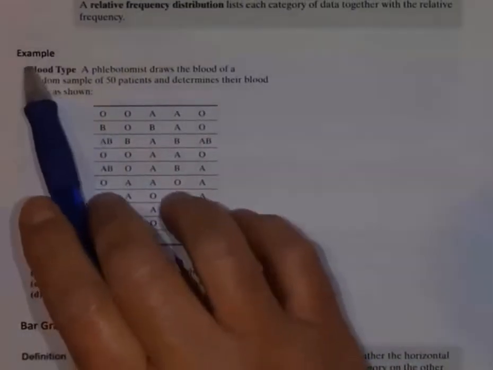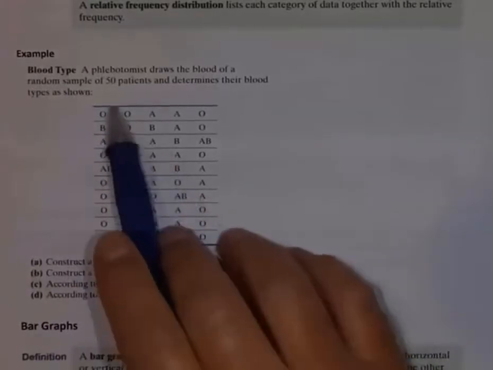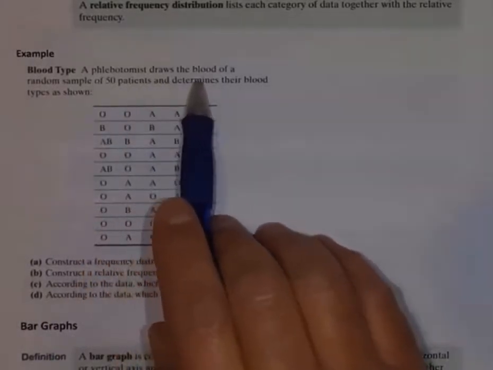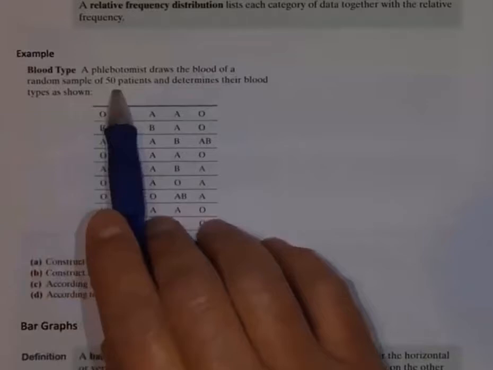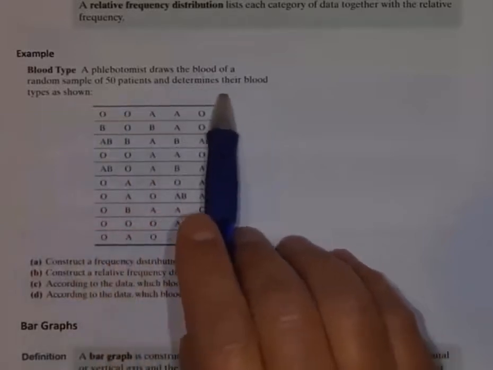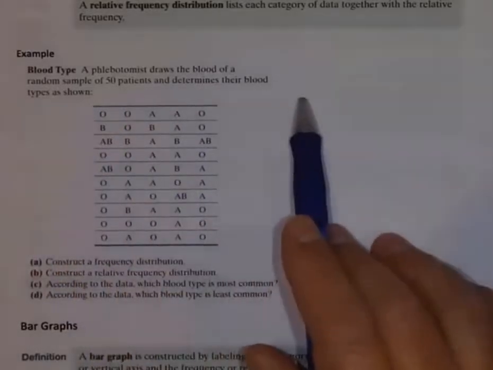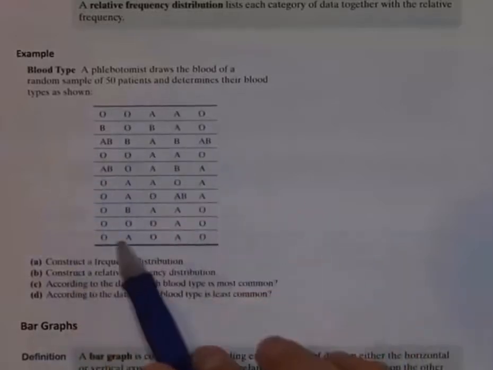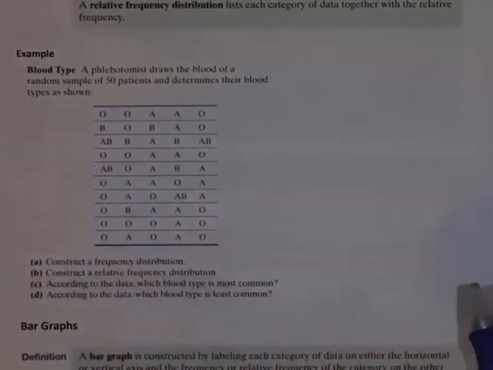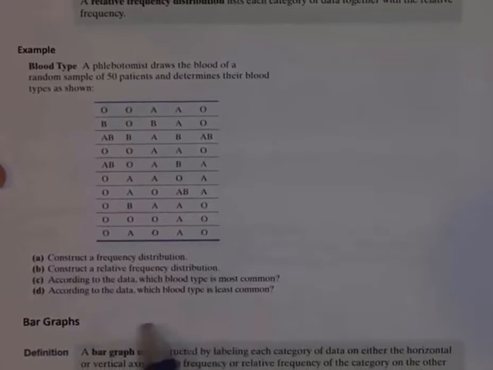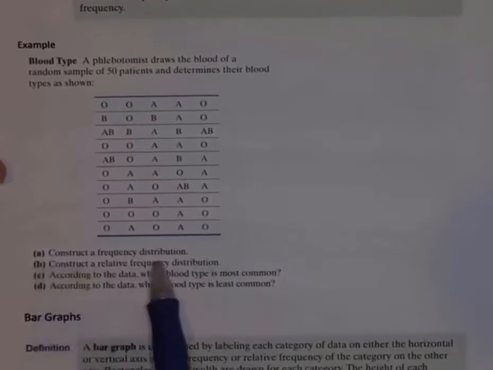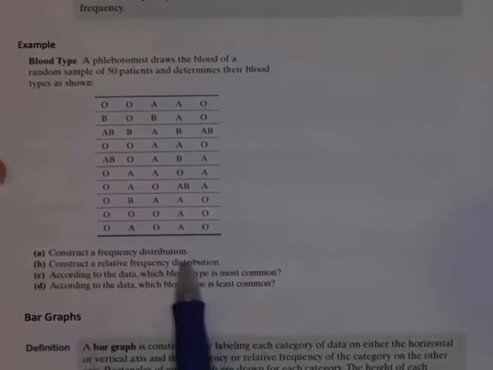So we have an example, blood type. A phlebotomist draws the blood of a random sample of 50 patients and determines their blood types as shown. So we have the blood types of a random sample of 50 individuals. Question A, we're supposed to construct a frequency distribution.